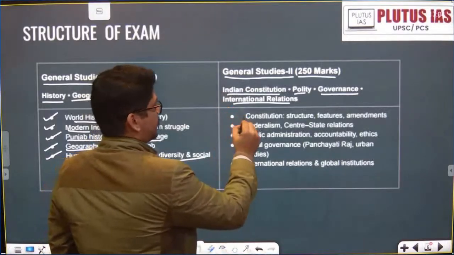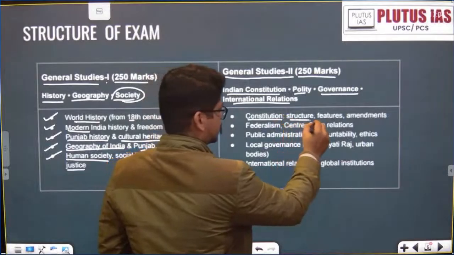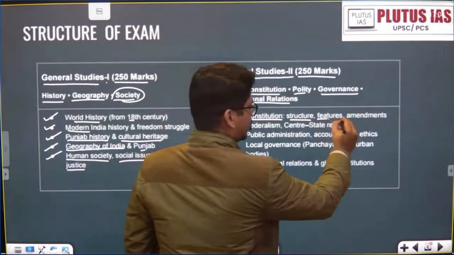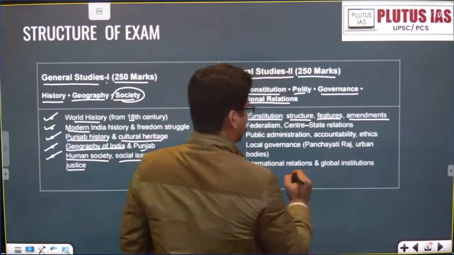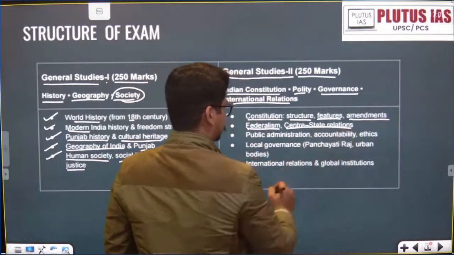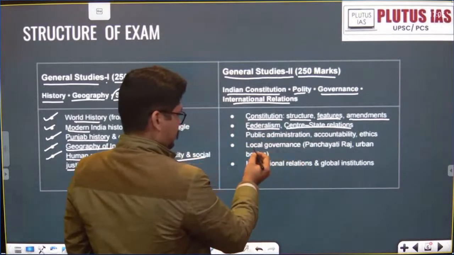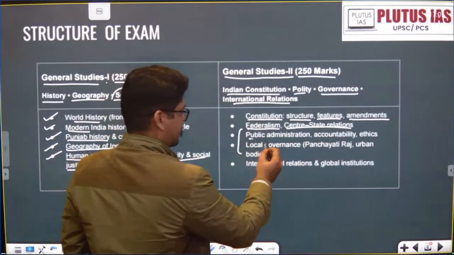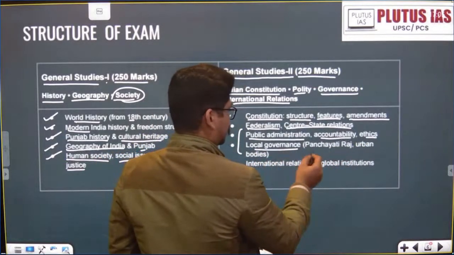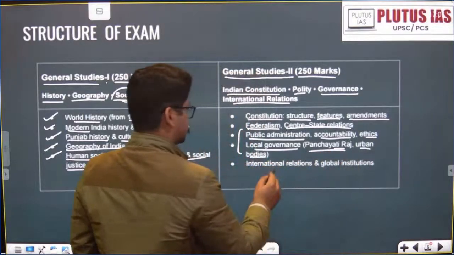In micro topics, for the constitution, you have to read and write about its features, its major amendments, and then major topics like federalism and central-state relations. Apart from that, governance includes public administration, accountability, ethics, and local governance. Local governance is, of course, incomplete without Panchayati Raj and urban bodies.